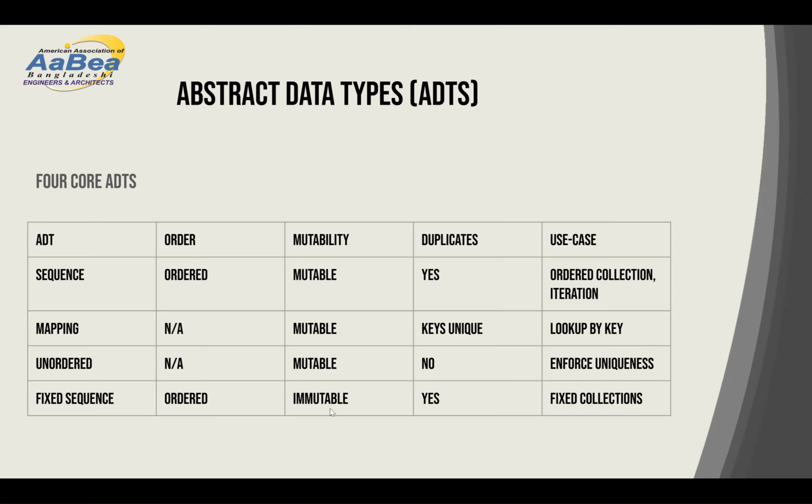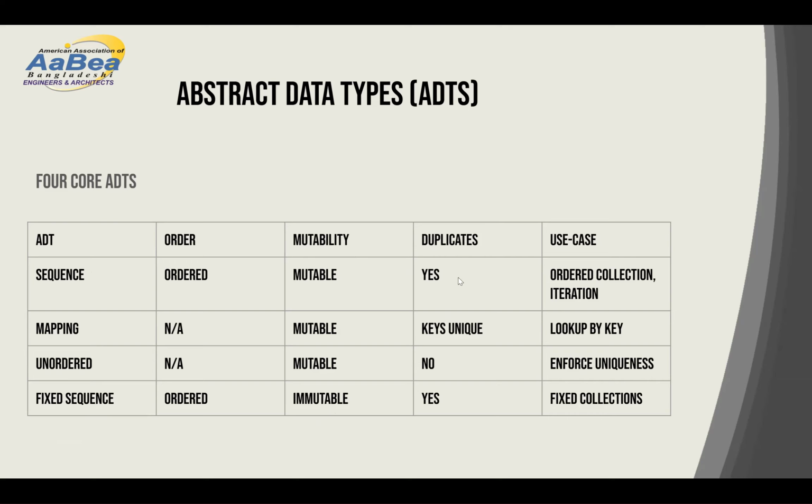If it's immutable, that means that you can't. It's fixed, right? So you can notice that's the difference between the sequence and the fixed sequence: the regular sequence is mutable, so you can change certain elements within it, but with the fixed sequence, you can't change anything within it. And another thing is duplicates.